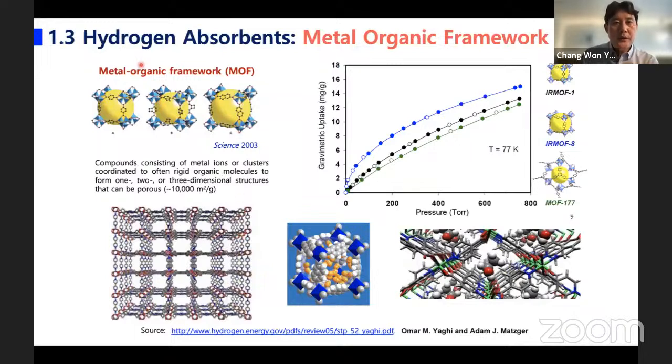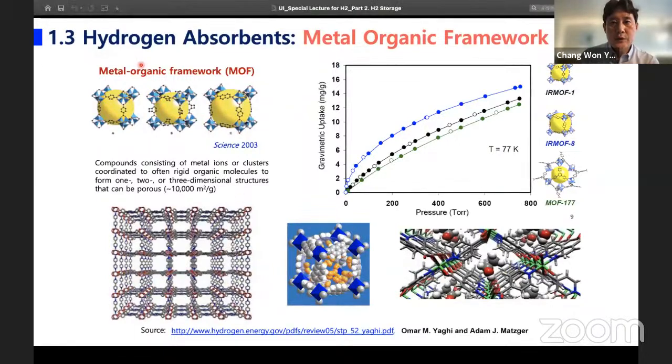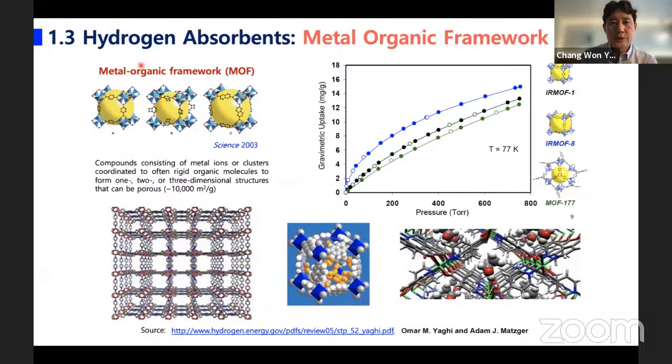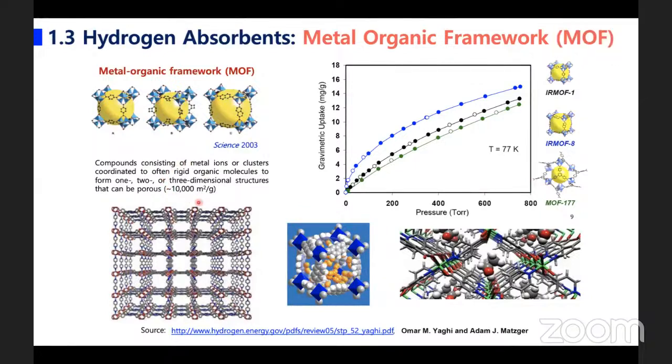Another example of physical hydrogen storage is we can use an absorbent or adsorbent. One example is the metal organic framework, which is called the MOF. The MOF has pores inside, and the surface area of this material is very, very high.